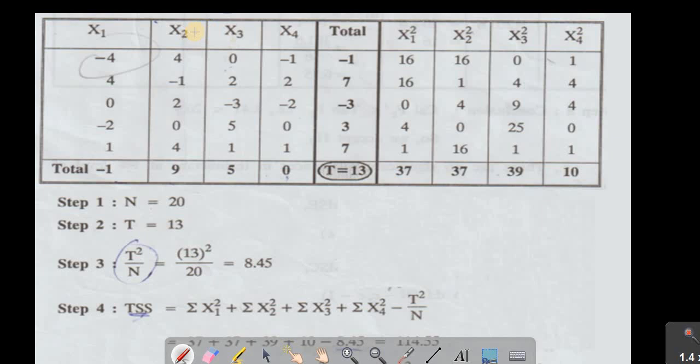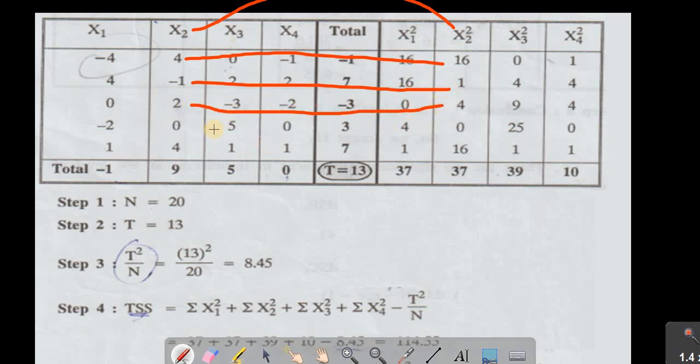Now x2 square, from this column: 4 squared is 16, 1 squared is 1, 2 squared is 4, 0 squared is 0, 4 squared is 16. So this is how we calculate x2 square.